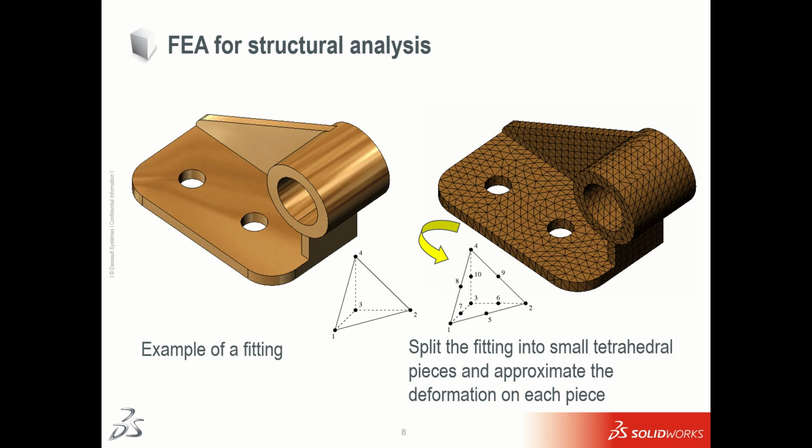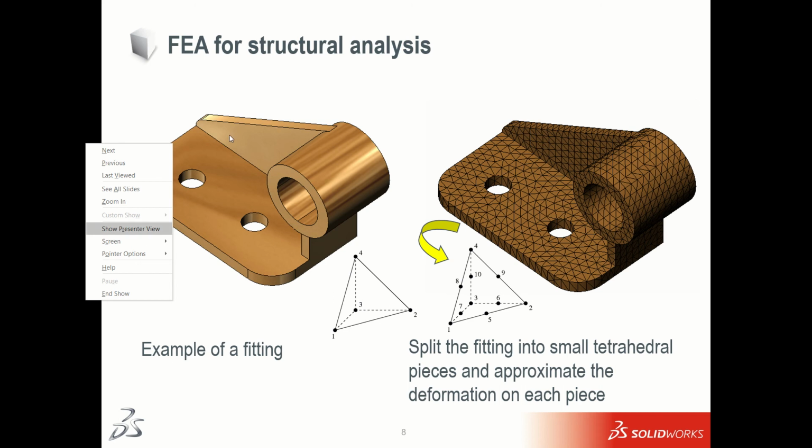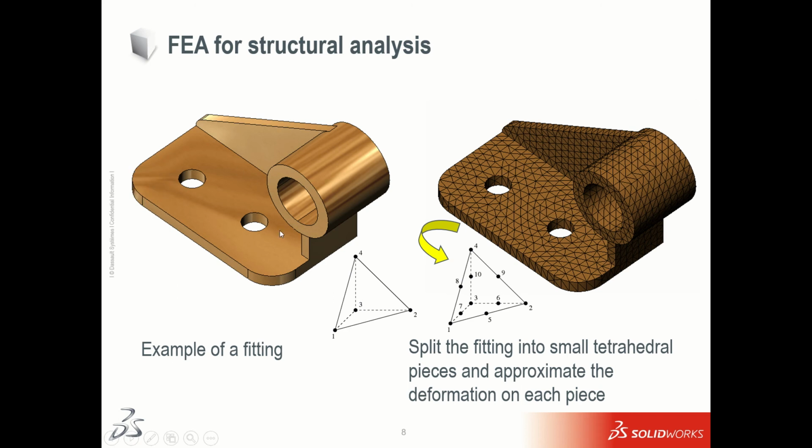Now in FEA, as the name states, the element is a finite element. Here SolidWorks contains three element types. In 3D solids, it is called a tetrahedral element. Here you can see the image of the small tetrahedral.